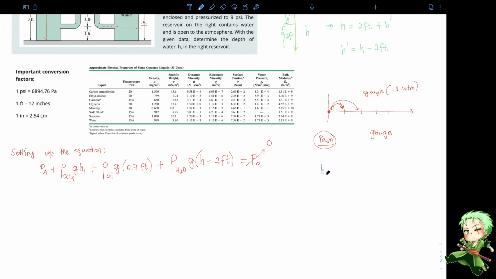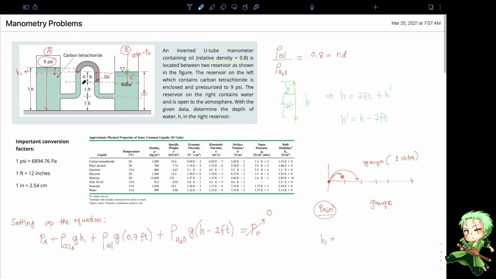How much is it? It is 3 feet from top to bottom, and from the bottom up until this point is 1 feet plus 1 feet plus 0.7 feet. So that is 2.7. So 3 minus 2.7 feet. So that means H1 is just 0.3 feet.